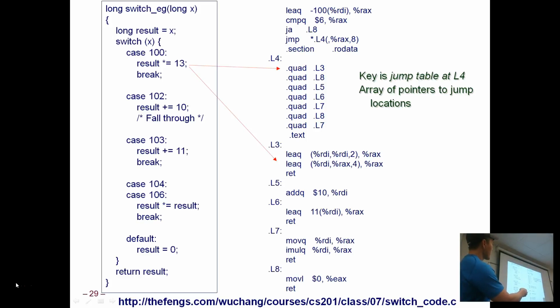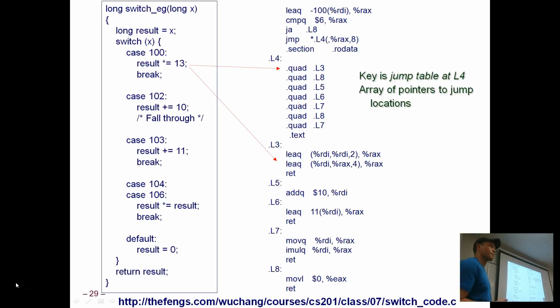Then you add it to .L4, which is the base address of this jump table. Then you do an indirect jump: calculate this address, go into that memory location and jump to the address that's there. That will index the jump table and jump to the various code locations in the switch statement.